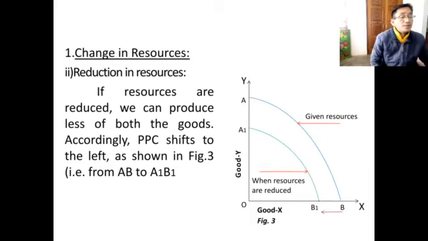So if the resources are reduced, PPC will shift to the left, as shown in figure 3. The blue color AB production possibility curve shifts towards the left, that is the green color A1B1 production possibility curve. This is the situation.